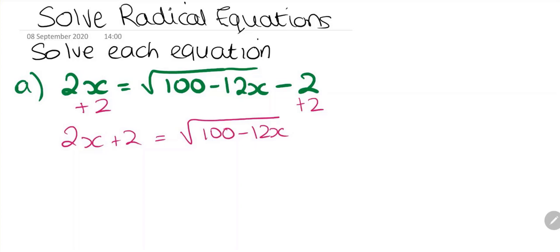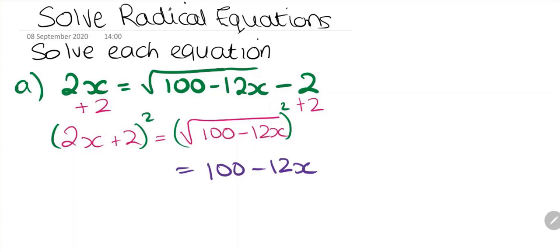Now I can raise both sides to the power of 2, and if I do that, I will actually eliminate the root. So I'll have 100 minus 12x on the right.